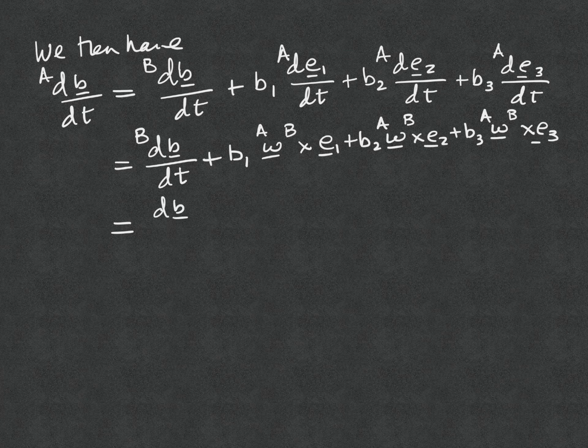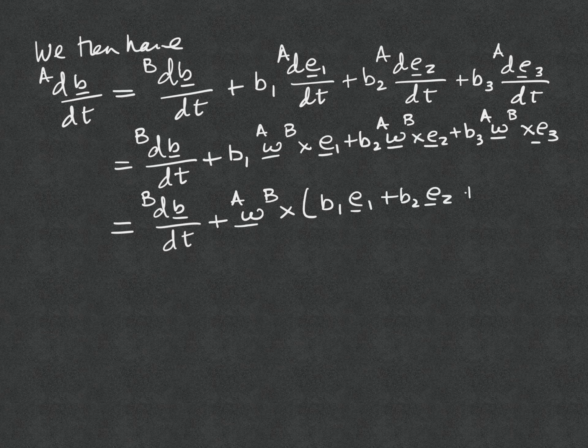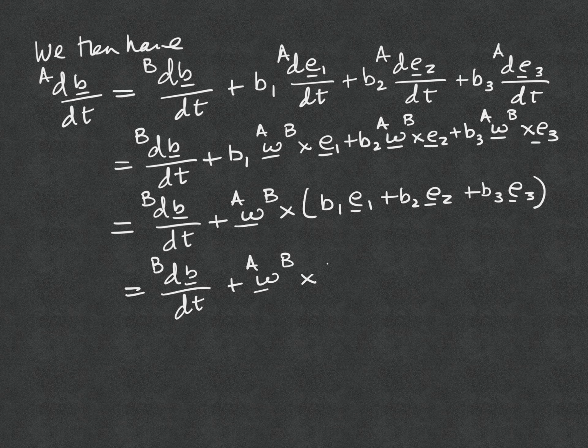Because the cross product can be factored out of all three of these expressions, I wind up with dB/dt in B plus omega BA crossed with B1 E1 plus B2 E2 plus B3 E3. And that expression in parentheses is simply the vector B. So this gives me dB/dt in B plus omega BA crossed with B.